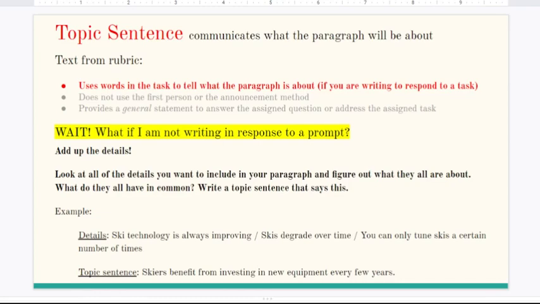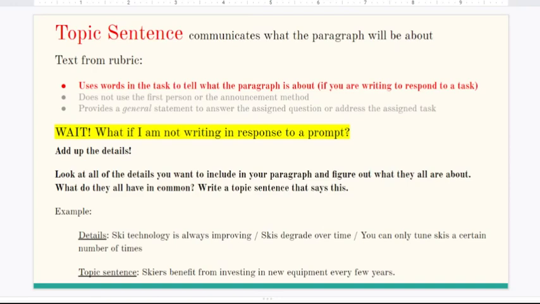Well, in that case, you need to add up the details. Or to be more specific, look at all of the details that you want to include in your paragraph and figure out what they all are about. What do they have in common? Write a topic sentence that says this.